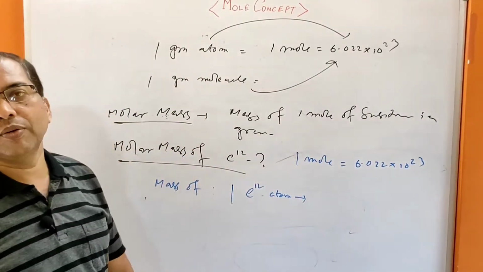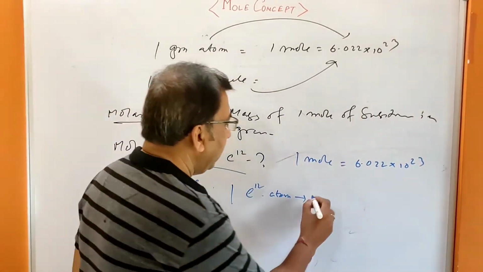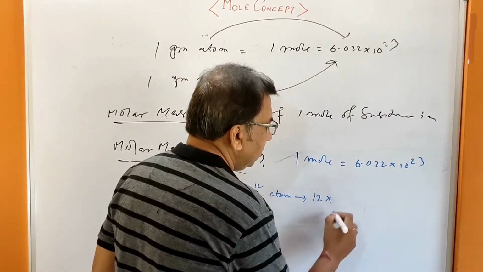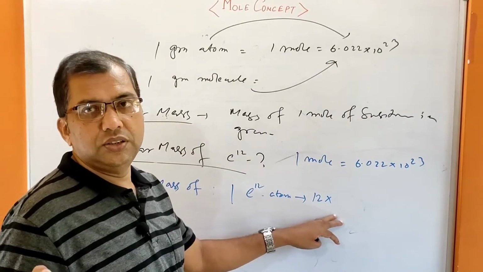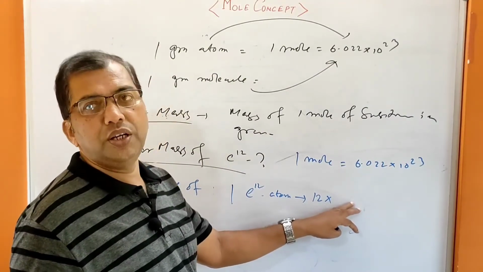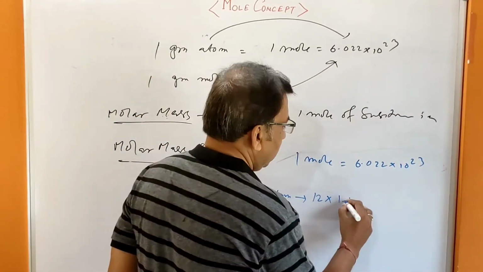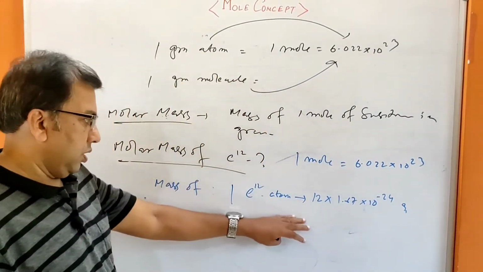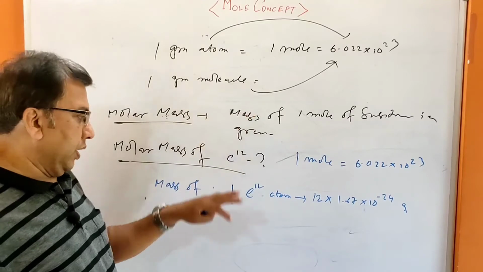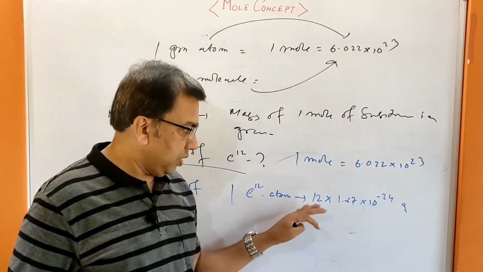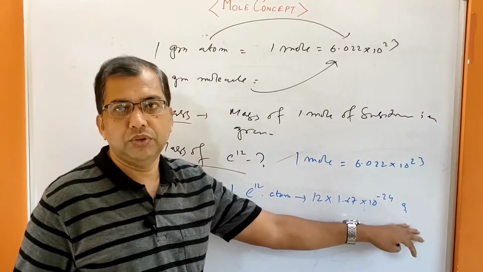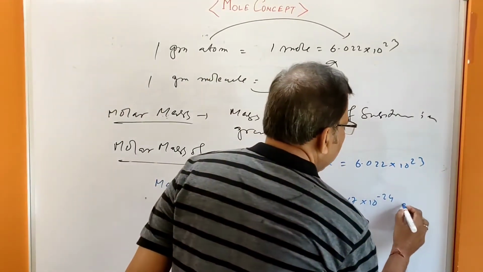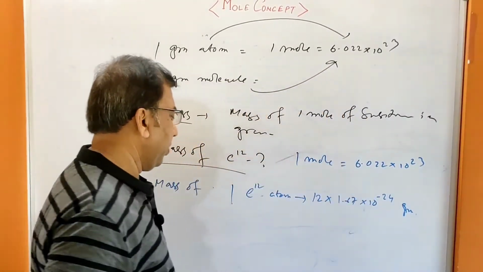So what is the mass of 1 carbon 12 atom? 12 into what? You have written 1.67 × 10^-24 gram, just a few minutes ago. The mass of 1 carbon 12 atom is 12 × this gram, or 12 AMU. I have written just.